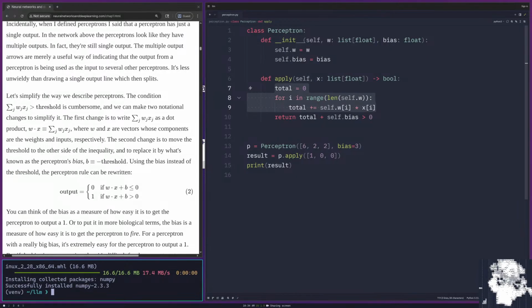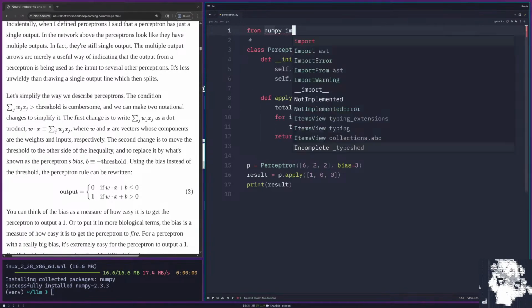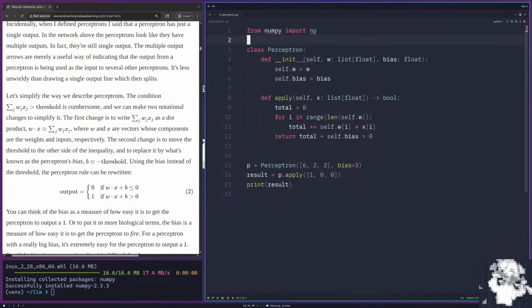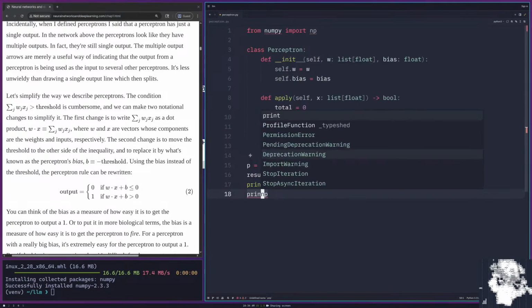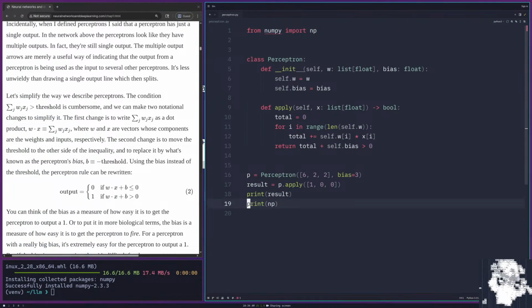All right, we have NumPy, which means I should be able to import it. I just don't want my linter to remove np because it's not being used, so I'll just print np here.